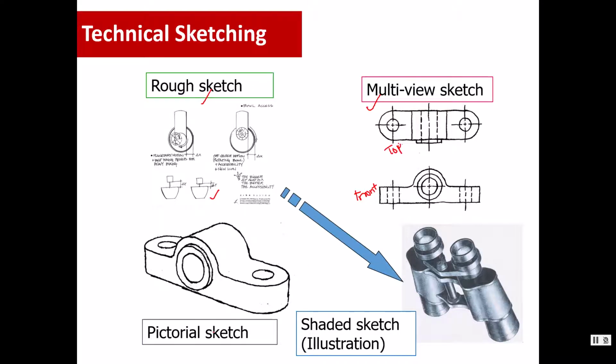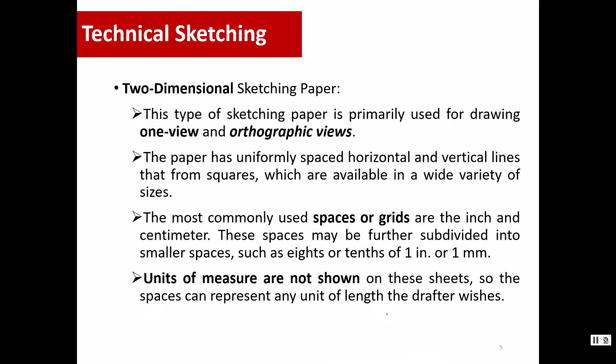Beside that, we also have a 3D view, a pictorial sketch, and we can also do some shading of the sketch to be like this. So these are some types of sketch. This depends on how detailed you want the sketching to be. But normally for sketching an idea, we can go either two-dimensional or three-dimensional.